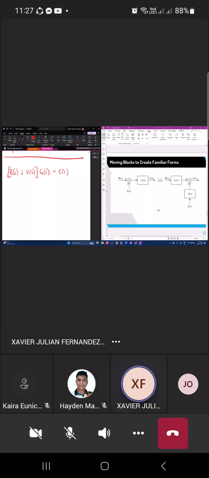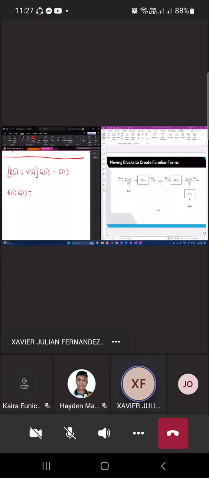How about the block diagram at the right side? Is that the same? Let's check. What is the output after G of S? That's just R of S times G of S. And how about the output here?